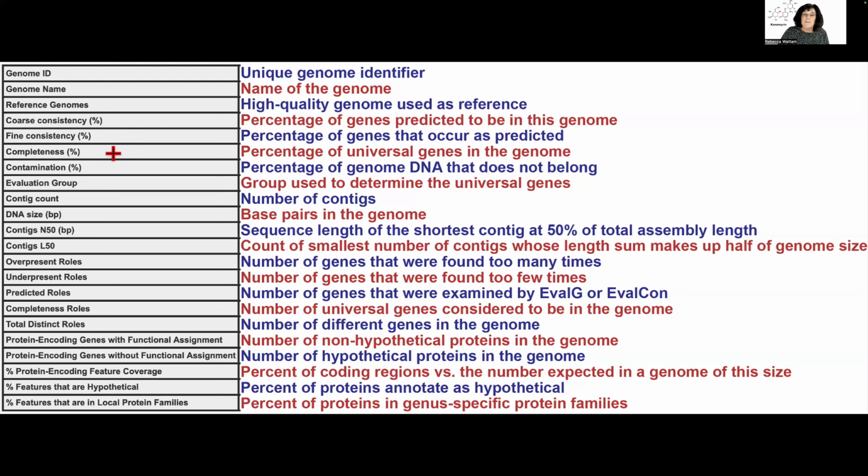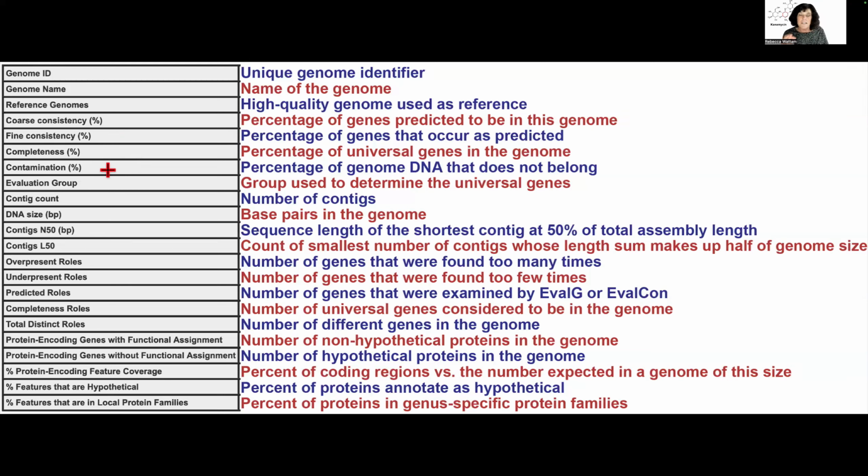Completeness is the percentage of universal genes in the genome. This is a smaller subset of all the genes that are used in evaluation, and we use a specific program called eval-G and another one called eval-Con to do that particular evaluation.